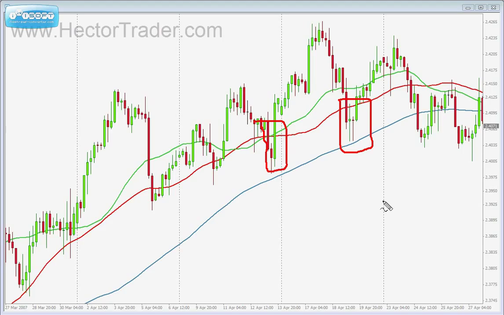The bears, in this case, since we are in an uptrend, are regaining strength. They are not totally dead at all. The bulls may be running out of steam. They might be exhausting, and the trend as a whole might be, like I say, running out of petrol. And this is the case.